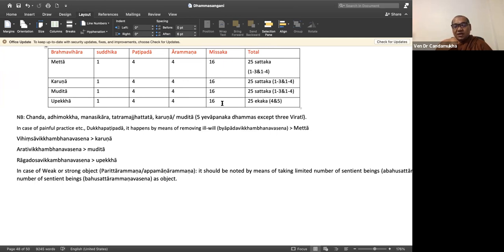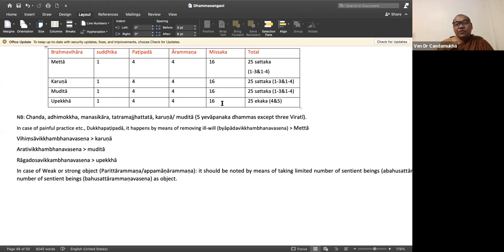As you see in the rūpāvacarakusala, when you are practicing for the attainment of the jhana, basing on metta, karuna, mudita or kasina, at the moment you are not refraining from wrong action and also wrong livelihood. That's why the virati cannot associate naturally. So among the 9 Yevapanaka dhammas, we have to minus 3 virati: Samma Vaca, Samma Kammanta, Samma Ajiva. Also Karuna and Mudita cannot arise together.